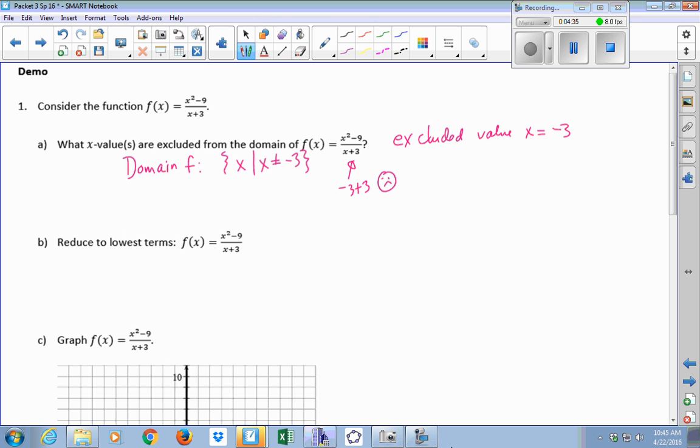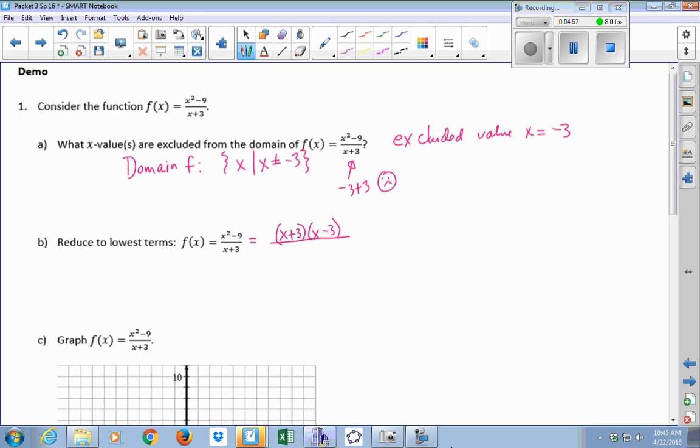If we look at this function, we notice it can be reduced further. And to reduce any kind of fraction, you know you have to factor it. So if I factor, the numerator is the difference between two perfect squares, which means I can always factor it into two factors that are called conjugates of each other.